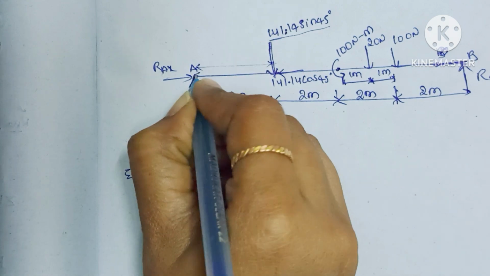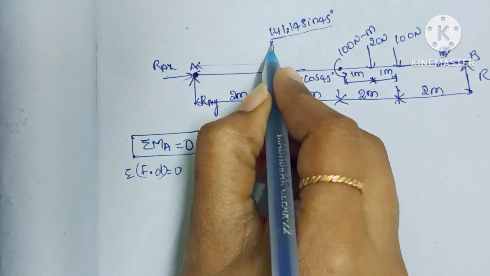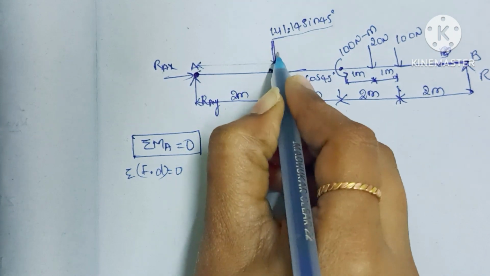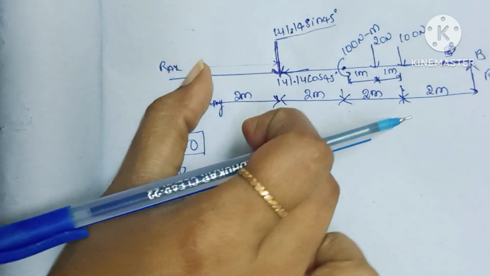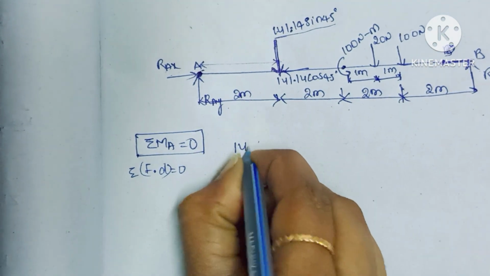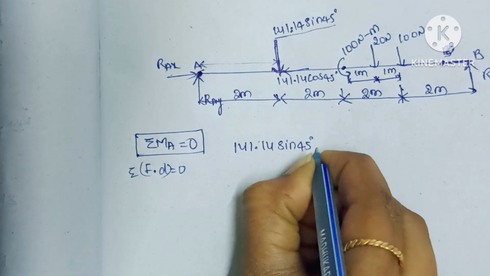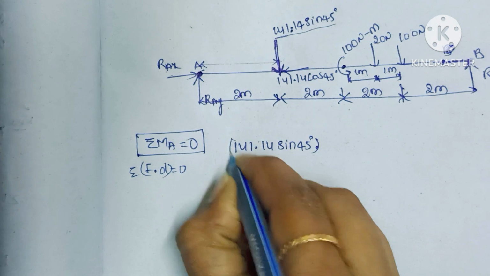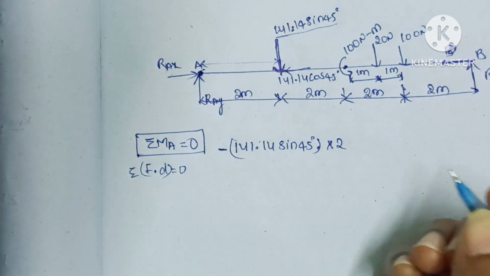If we take moment at this point, this force is acting in the clockwise direction. So 141.14 sine 45 into 2, this is clockwise, so we have to take a negative sign.